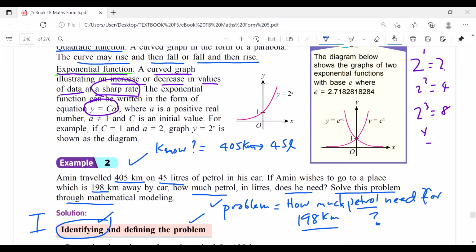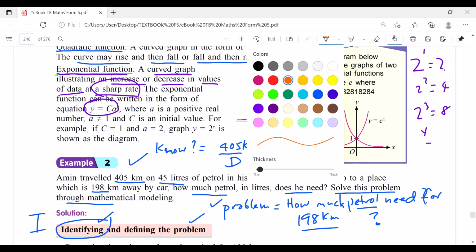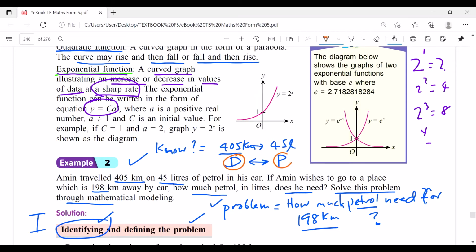So we can simplify it. 405 is the distance and 45 liters is the petrol. Can we find the relationship between the distance and the petrol used?